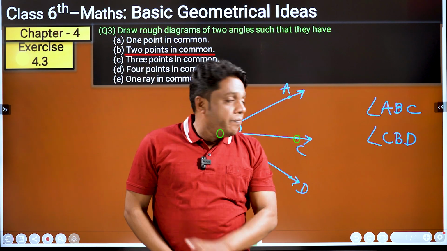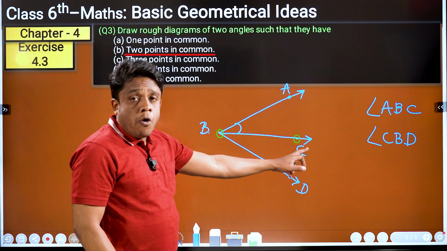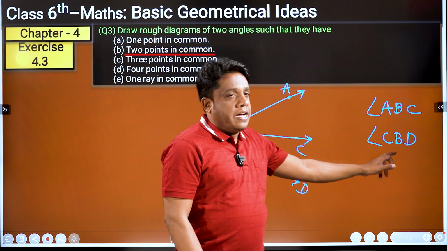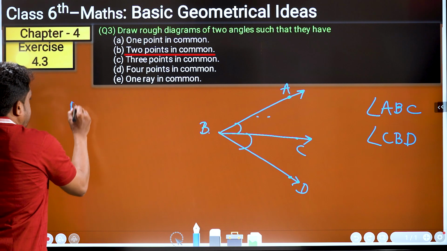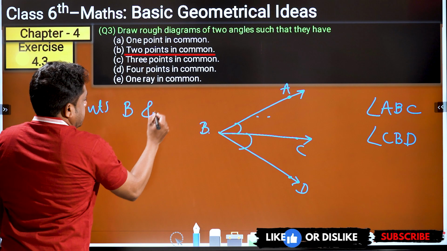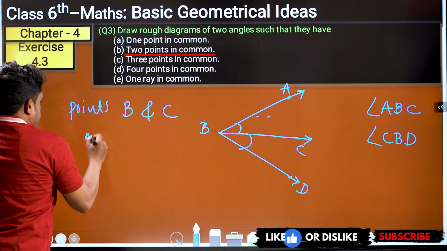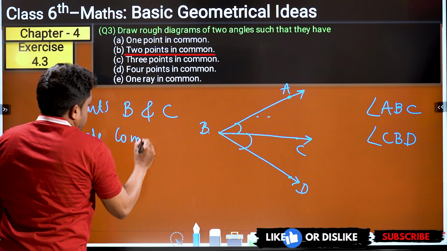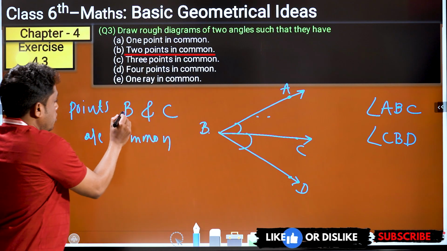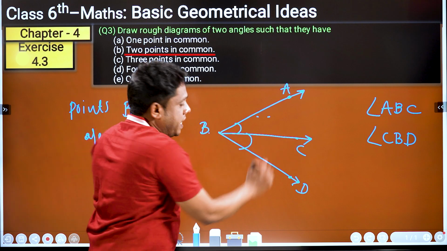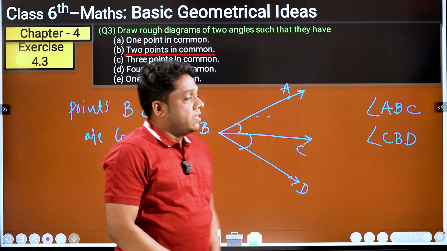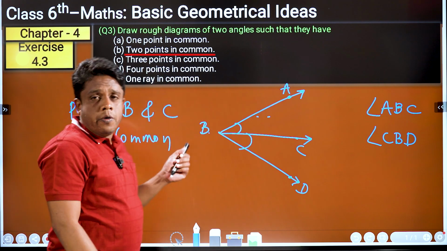Yes, you can say the points B and C are common for both of these angles. Can I write like this? The points B and C are common for both of these angles. So this is your B part, 2 points in common, B and C. Now we will see the next one.